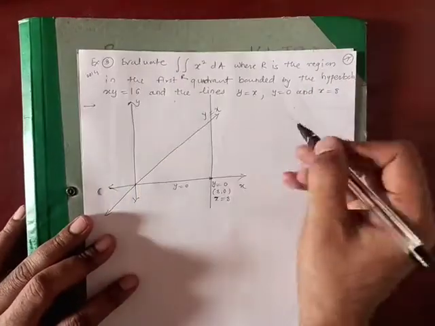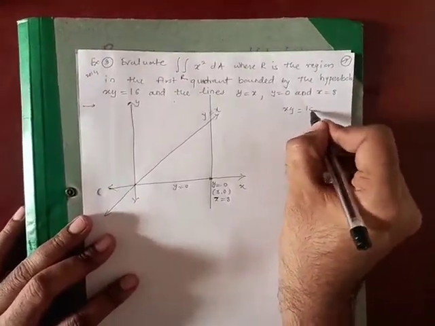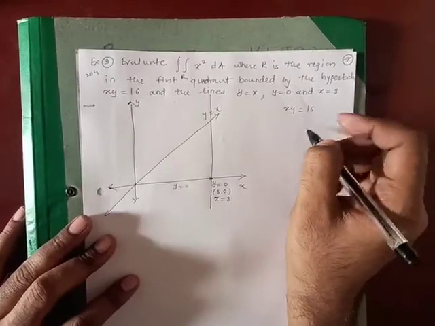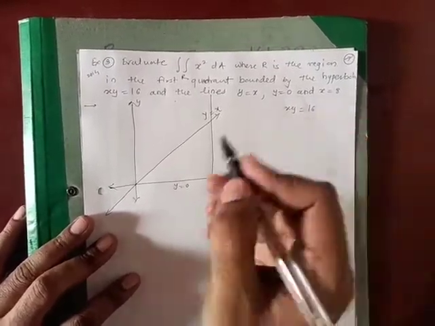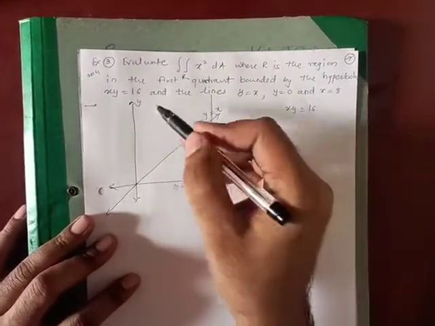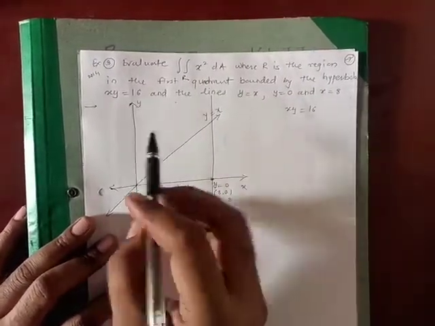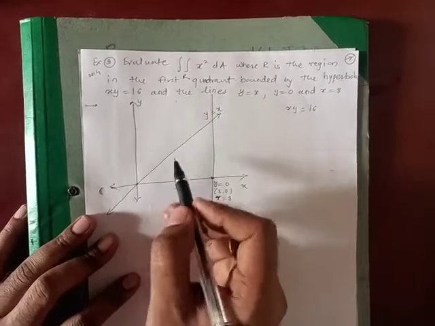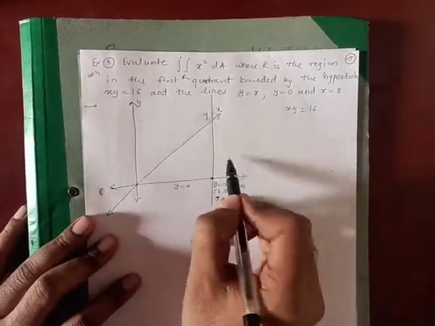If you simplify xy is equal to 16 and draw it, it will be somewhat like this. This is a hyperbola in the first quadrant.